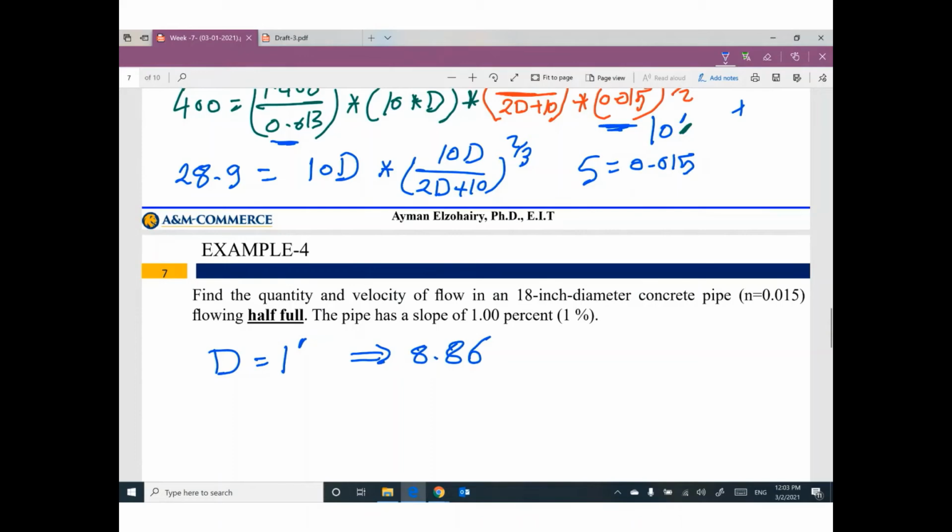No, we need 28.9. So I will go above, 2 feet, and see what's going on. If we have 2 feet, we have 20 divided by 14 to power 2/3 times 20. We have 41.88. No, I need 28. So we have something in between.